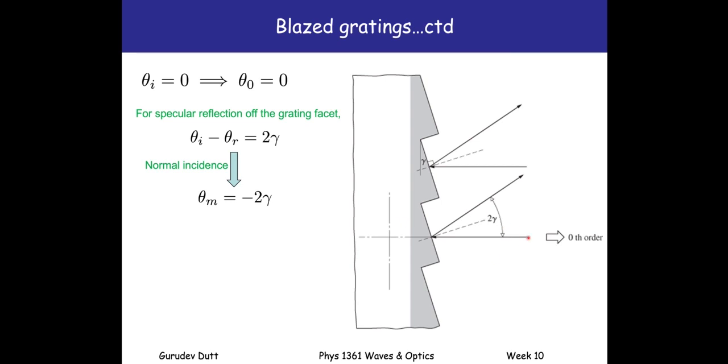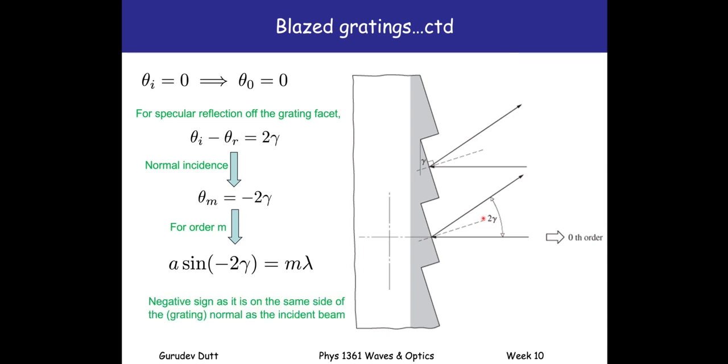If I were to slightly tilt this beam, they'll both end up on the same side of the grating normal, as in this example, and that's because I rotated in a positive direction. Gamma, I'm assuming, is at an angle which is measured that way from the horizontal.